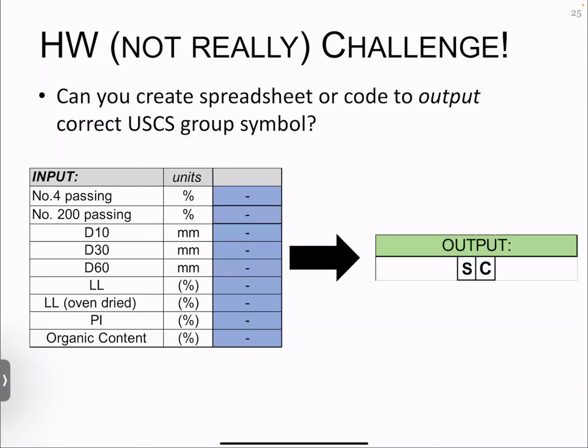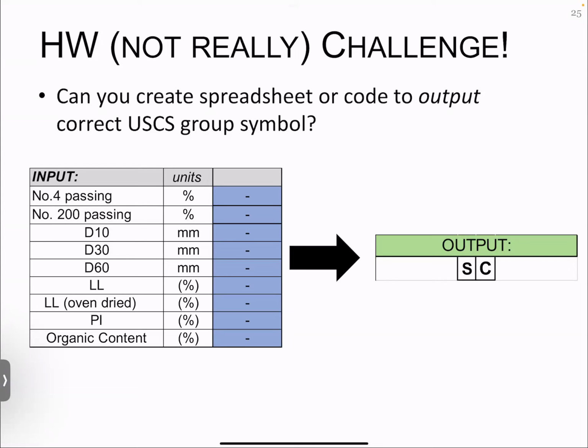Okay, the other fun thing about USCS is it's very easy to create a spreadsheet or automation for it. So since you guys, I know, are engineering students and don't have any other hobbies, if you want to try to make this as a homework or a fun little assignment, I'm not grading it, but try to see if you can make it as a spreadsheet, where you can just input all of these values and then boom, it'll shoot it out automatically, if you like coding and all that stuff.